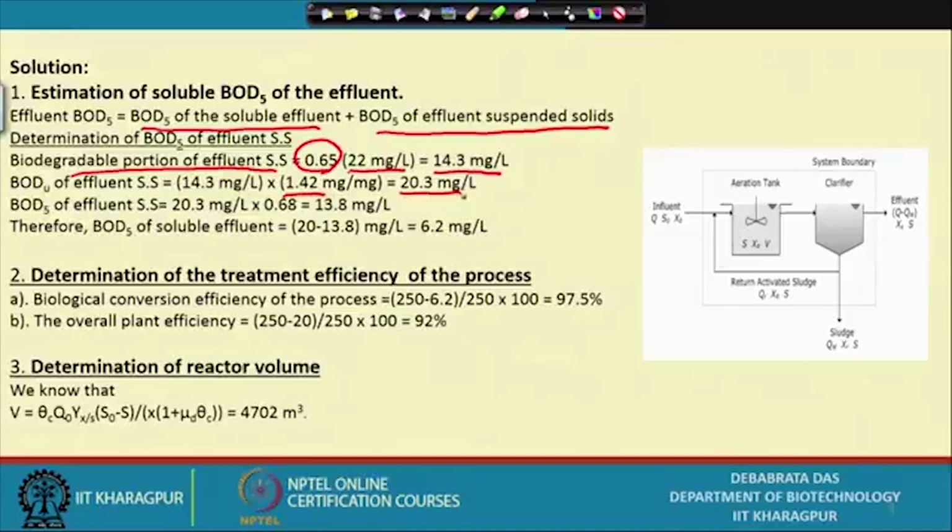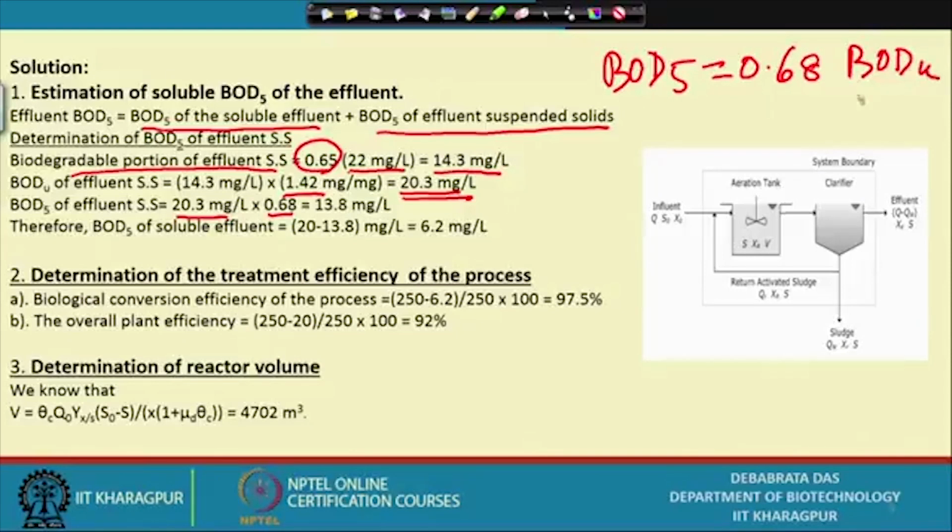So, we can find out how much oxygen will be required for oxidation of the solid material, and then the BOD5 of this material, if you multiply it with 0.68, because we have written in this problem BOD5 is equal to 0.68 into BOD U, meaning ultimate BOD, the total BOD that we have. So, we can easily find out the BOD5 of the suspended solid. Then we can find out the BOD5 of the soluble effluent is 20 minus 13.8, that is 6.2 milligram per liter.